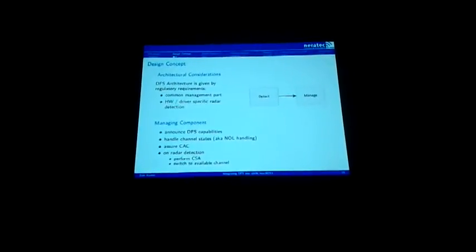Okay. Now, from these requirements, we can derive our design for all this DFS detection. Basically, we have a detection module that is hardware or driver specific, and we have a managing component that handles all these channel states.